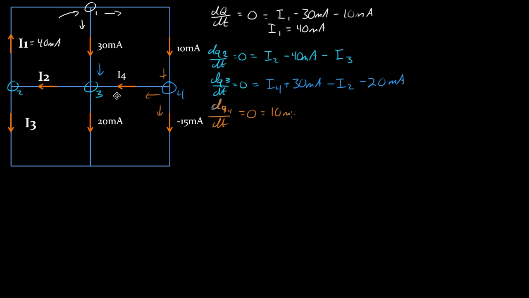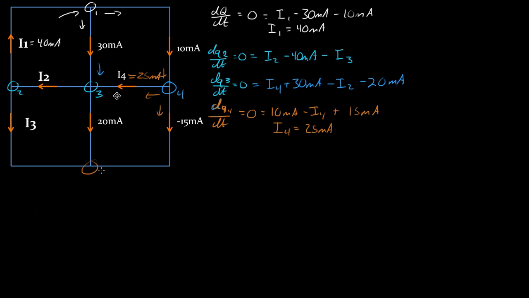So we have 10 milliamps minus I4 minus a negative 15 milliamps. So that's just 15 milliamps plus 15 milliamps. So then I4, we can actually solve for I4. I4 is equal to 25 milliamps. So we know what I4 is, 25 milliamps.